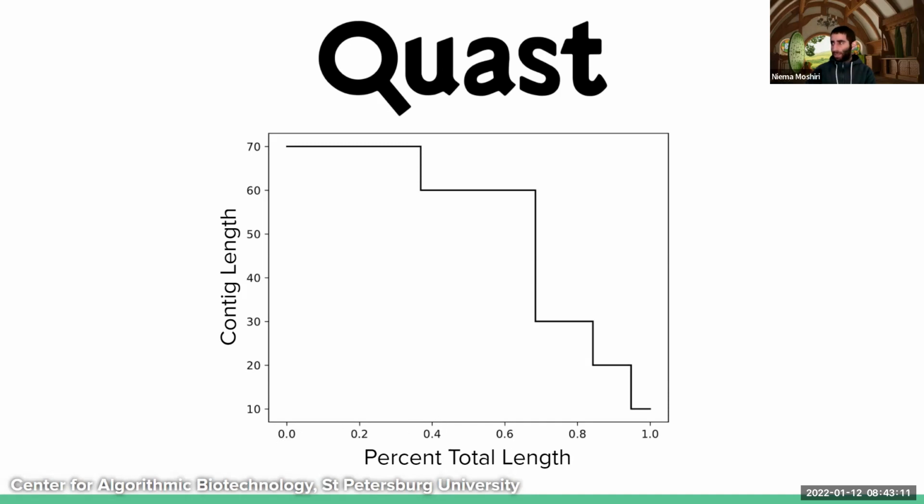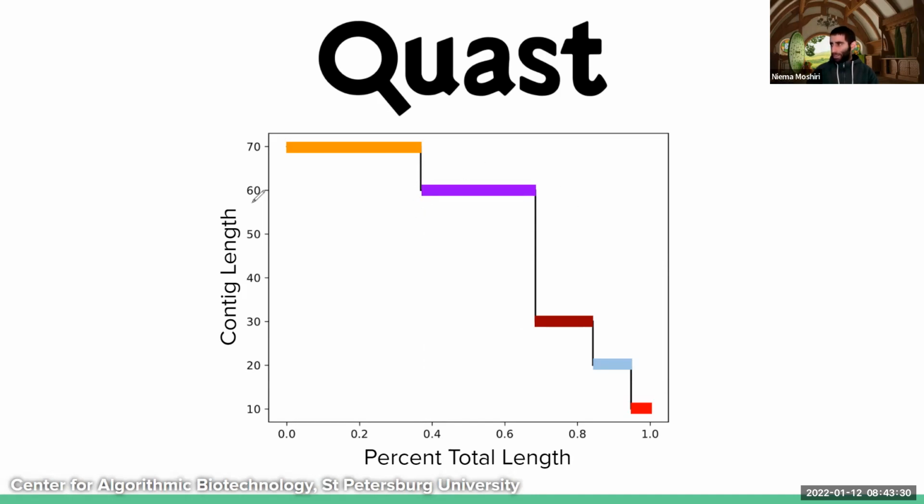Basically, I'm overlaying each of those contigs on a plot. The first contig had length 70, and that was just under 40% of my total contig length.